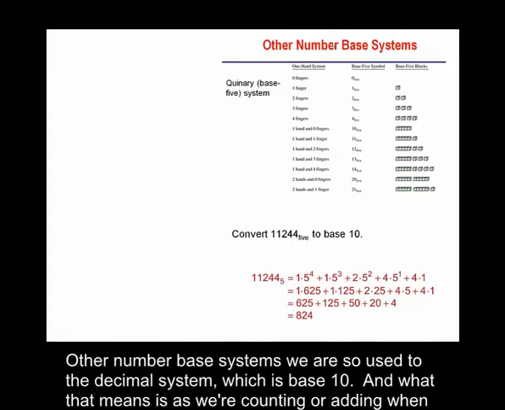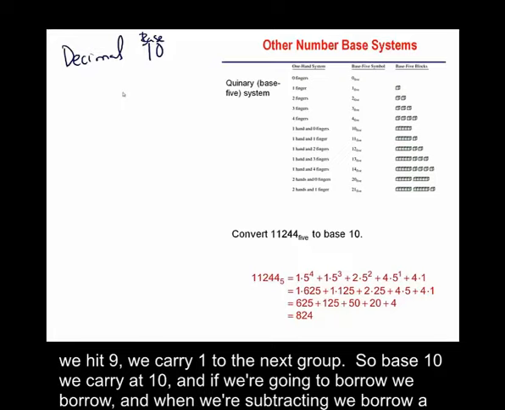Other number base systems. We are so used to the decimal system, which is base 10. What that means is as we're counting or adding, when we hit 9, we carry 1 to the next group. So in base 10, we carry at 10.